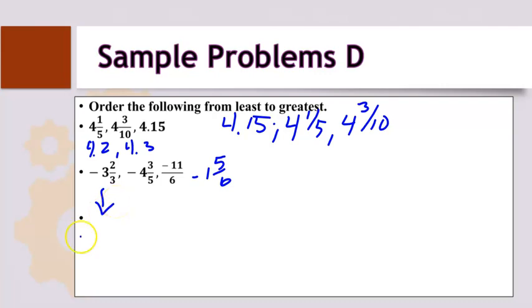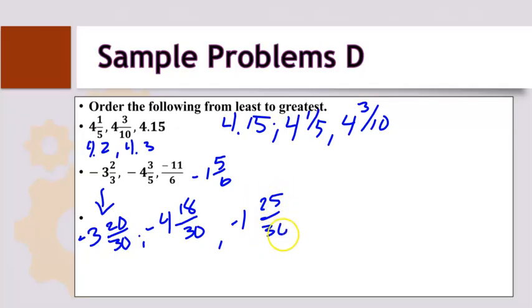So this would be negative 3 and 20/30ths. Next one would be negative 4 and 18/30ths. And the last one would be negative 1 and 25/30ths.